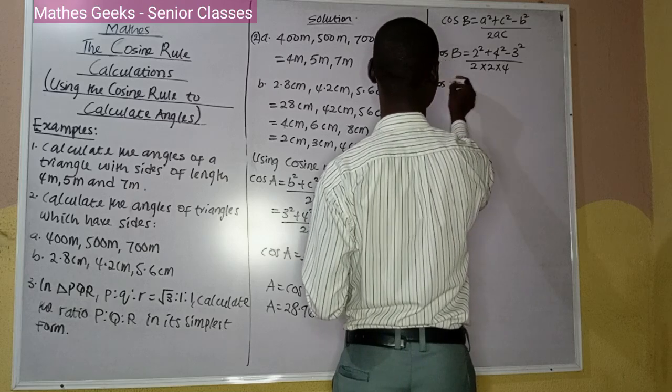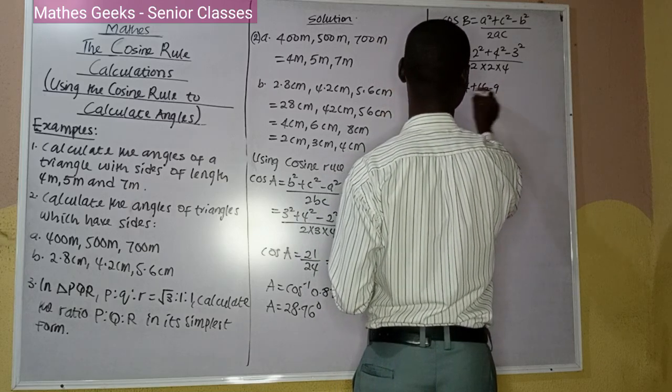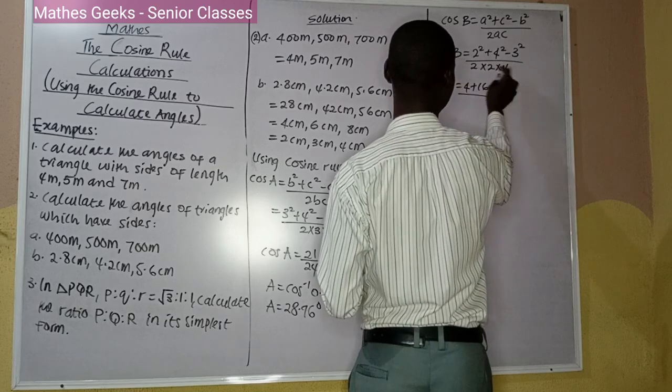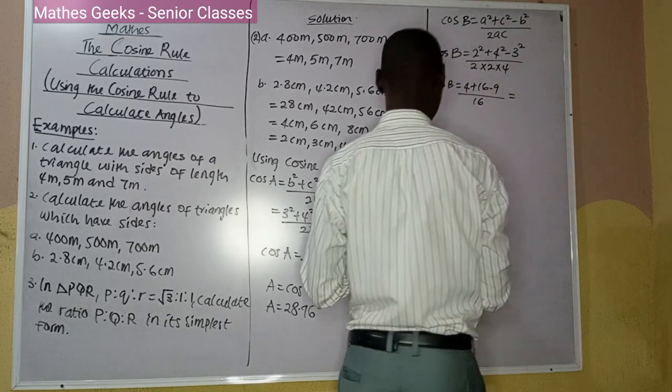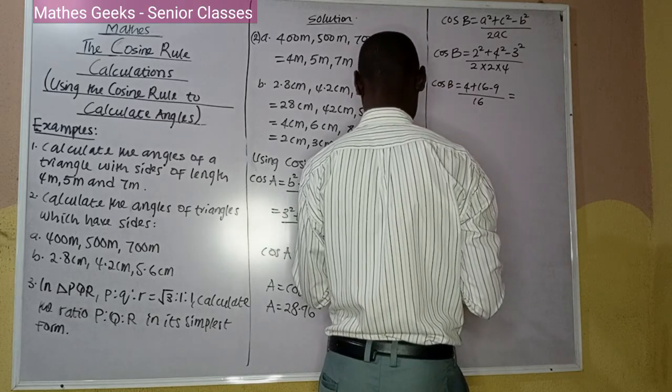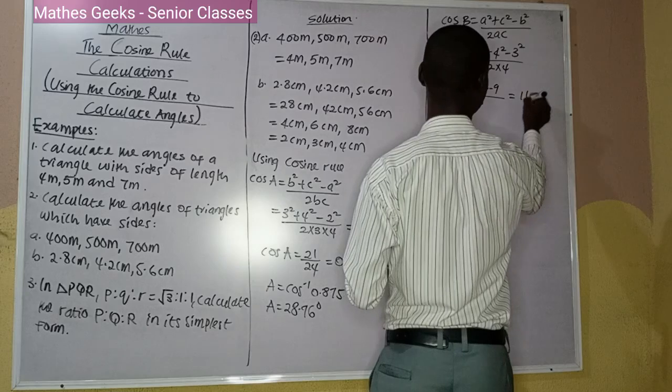That is 4 plus 16 minus 9 over 16, which is 20 minus 9, 11 over 16.